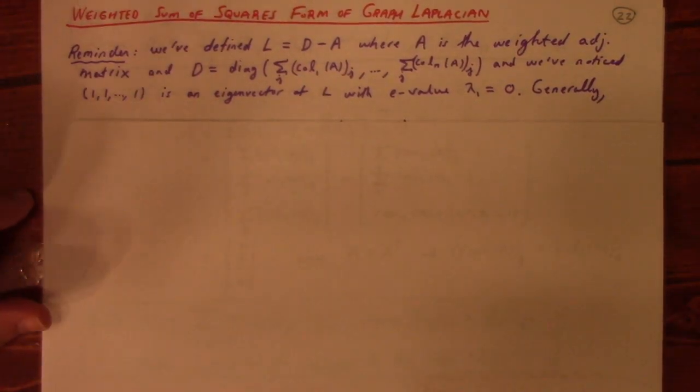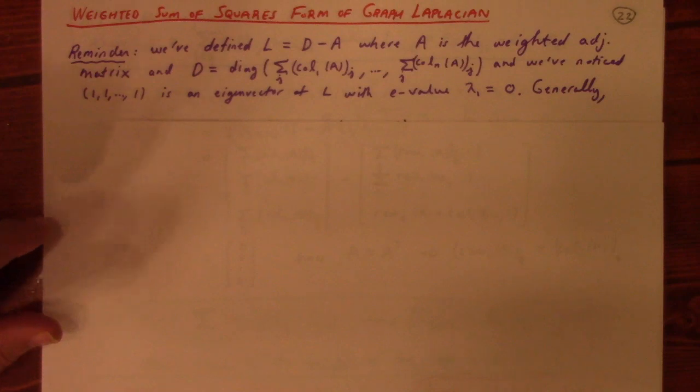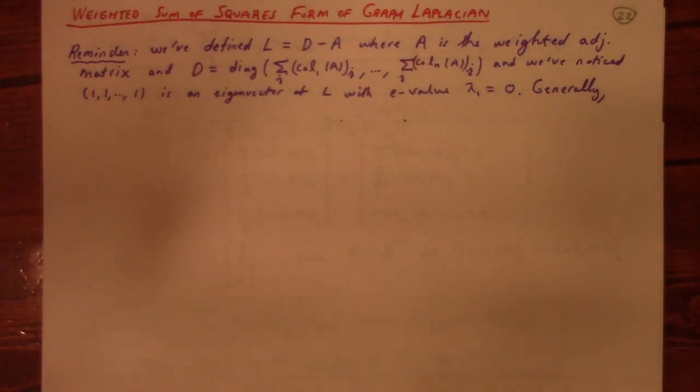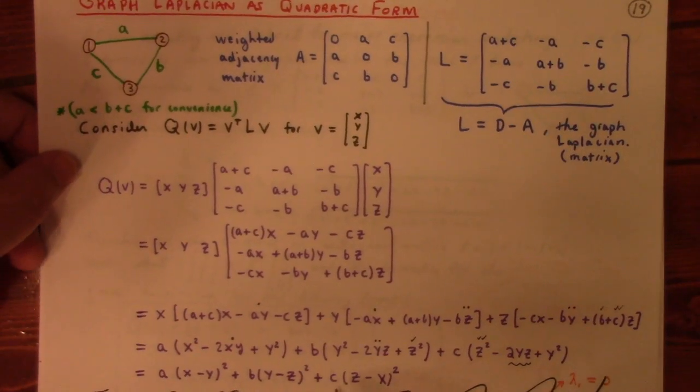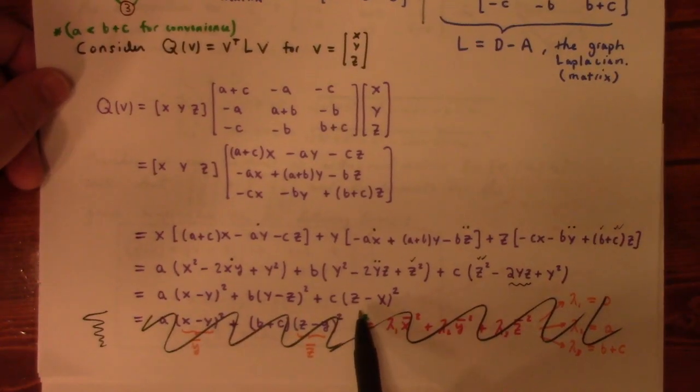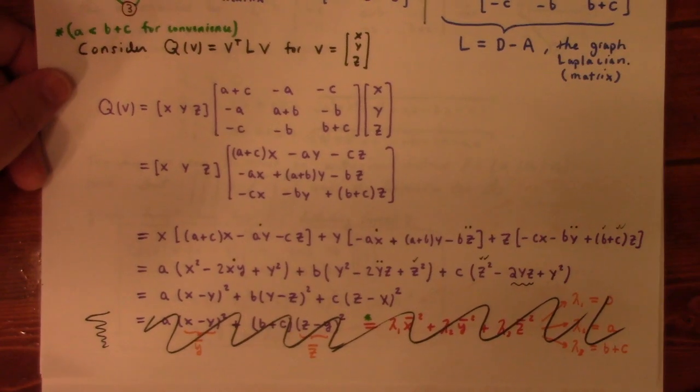So I want to basically generalize. We went through a specific argument for the ring graph, right? Where we just saw that there's a super nifty formula that makes a lot of sense: a times (x minus y) squared, b times (y minus z) squared, c times (z minus x) squared, right?